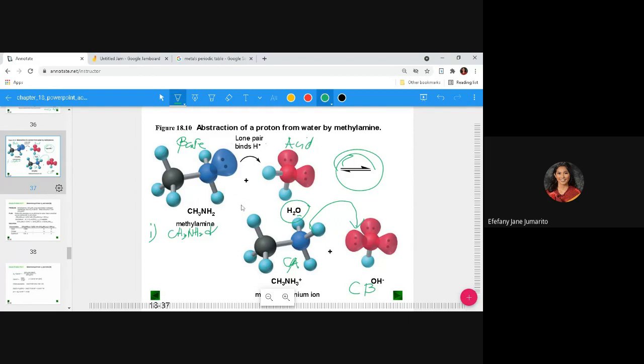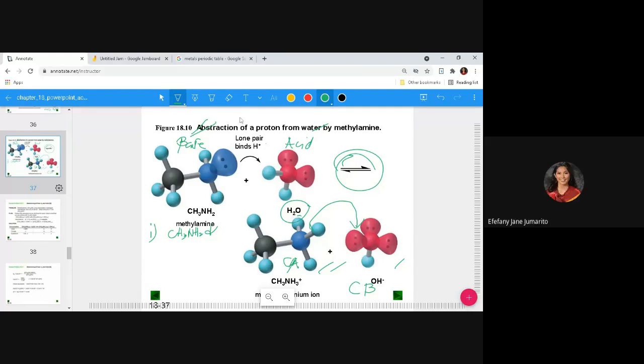One is a base and its pair here is an acid. Acid, base. It can be confusing.